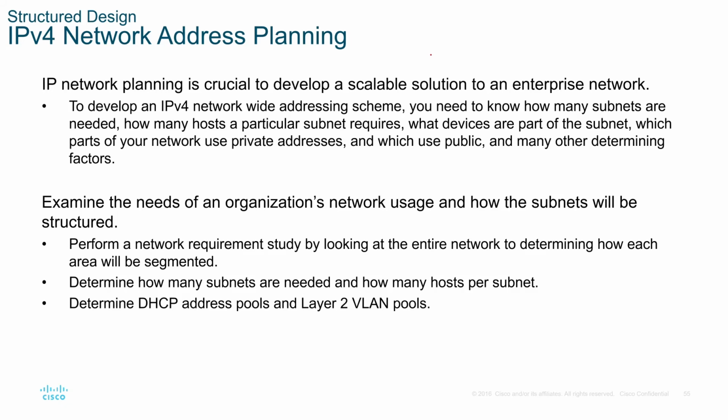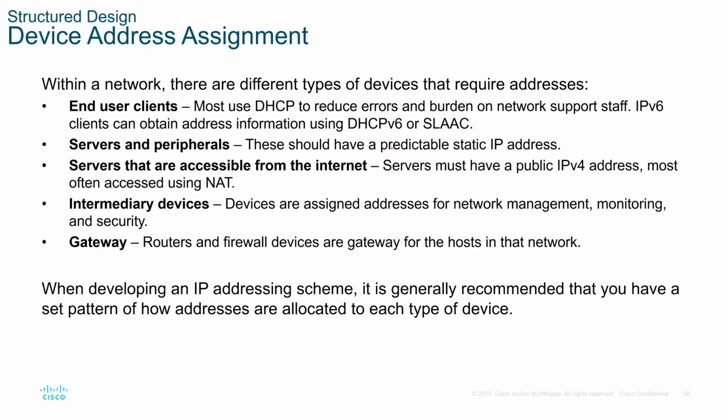Determine the DHCP address pools and layer 2 VLAN pools. You must put in some logical thought before you start creating your subnets. Some of the different things that you may have. End users.